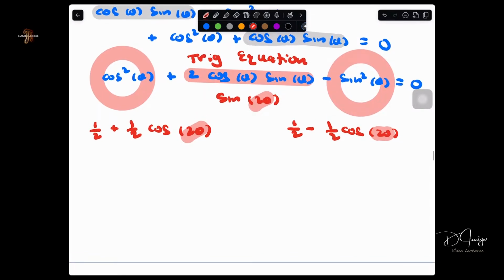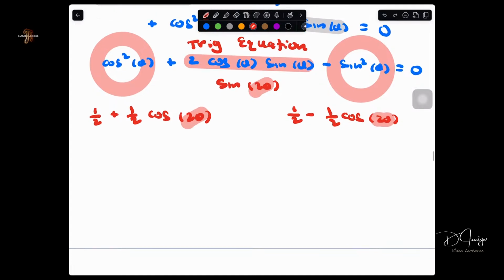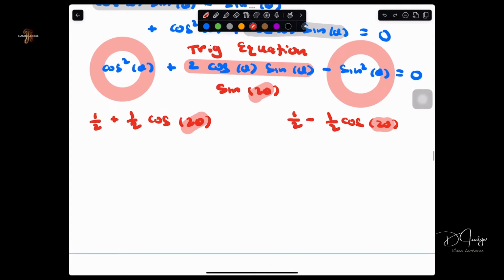Now, doing some algebra, the constant term 1/2 plus 1/2 here will give us 1.